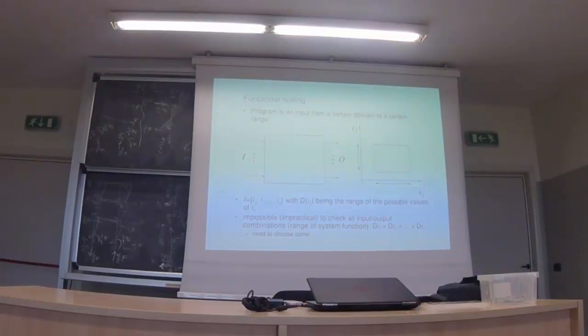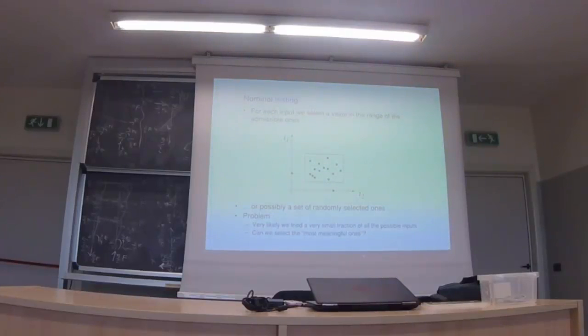Testing everything is mostly impossible or impractical because it takes too much time to check all the possible combinations of input, because it's combinatorially exponential. For each of these possible values we have to check the Cartesian product of all the possible intervals. It's not easy. We need to choose some of these values, right?